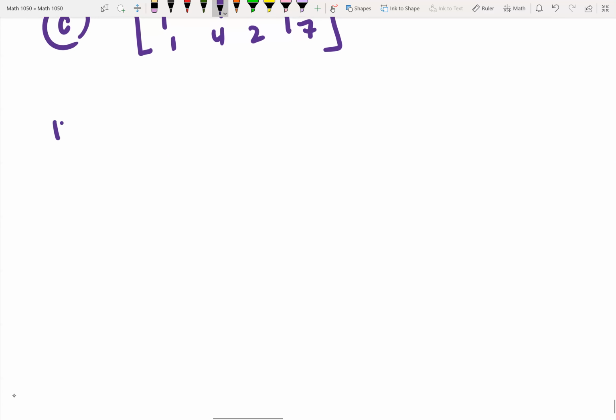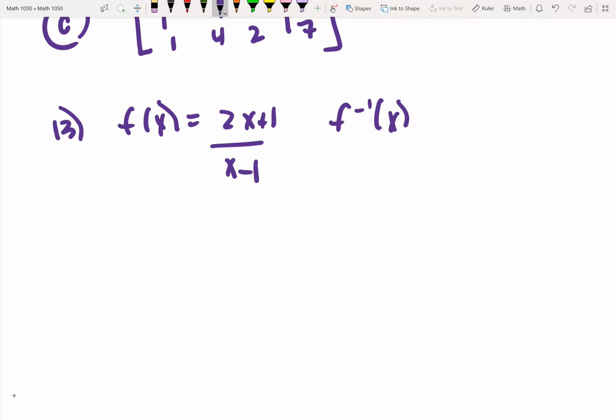Okay? Question 13. If this is your f of x, and this is your inverse, then the range of f is what? So what they're saying is, what is the range of that guy, the original?